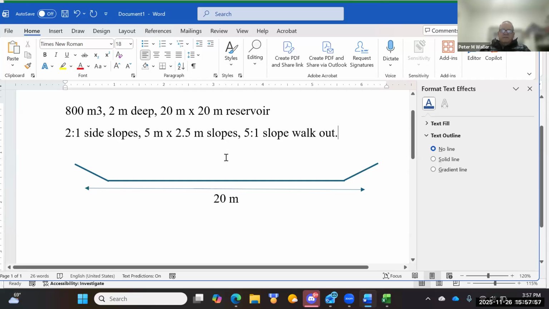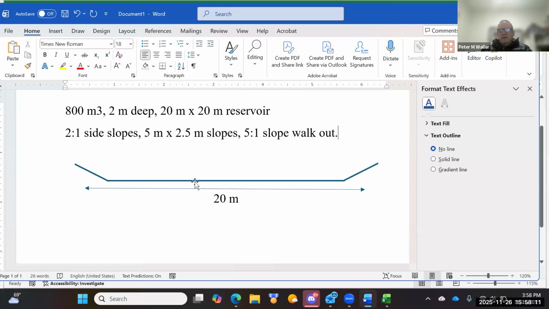That's if you were worried about people or animals not being able to get out of the reservoir. And actually, there's probably rules wherever you work on what the reservoir design has to have as far as side slopes and safety as far as walking out and that sort of thing. Any questions?